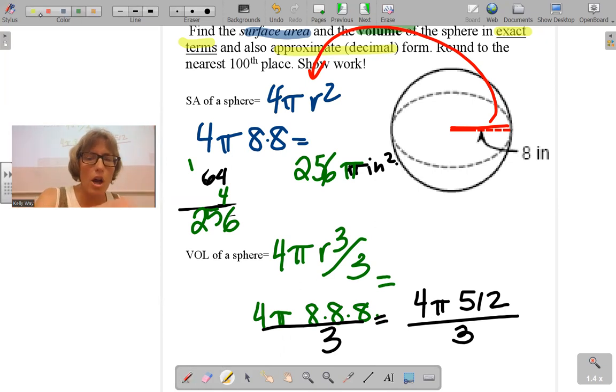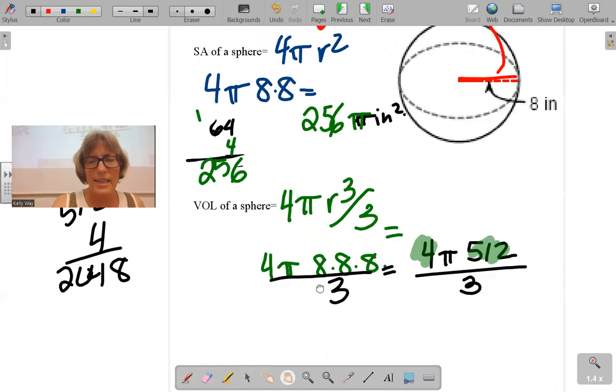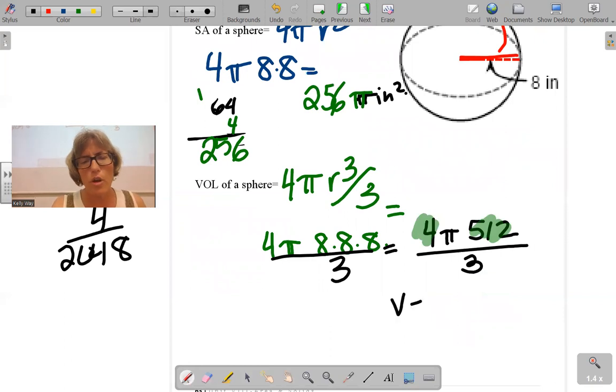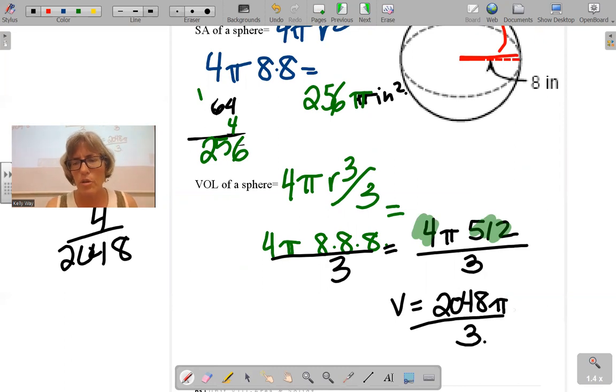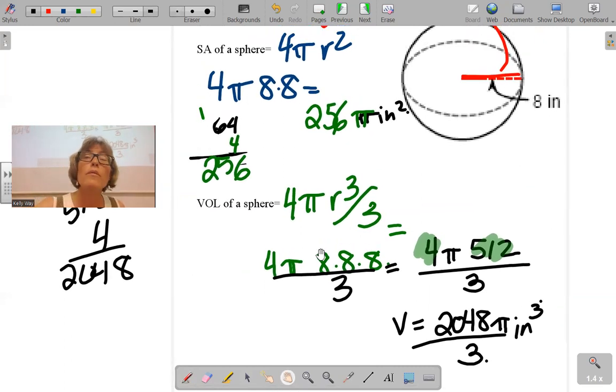And that's not divisible by 3, so we're simply going to do 4 times 512. So my exact answer here for the volume is 2048 pi over 3. Check units, inches cubed. We won't worry about the approximate right now.